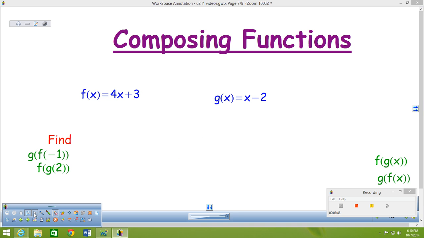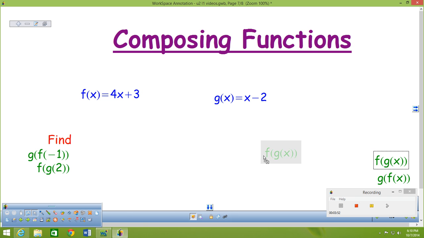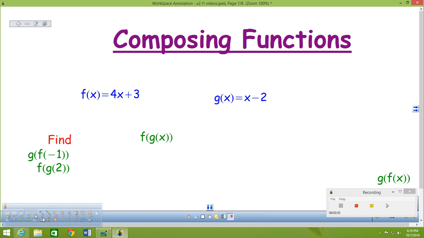I have this problem right here. This is f of g of x. What we're going to be doing is we are going to take the g function, which is right here, x minus 2, and that entire function is going to go in for x in the f function.